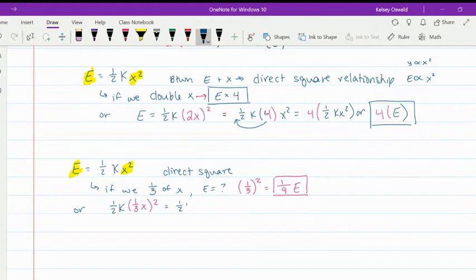We can see then that we'd have 1/2 k times 1/9 x squared. And when we pull that 1/9 out to the front, we're going to see that we have 1/9 of our original 1/2 kx squared, or 1/9 of our original e value.